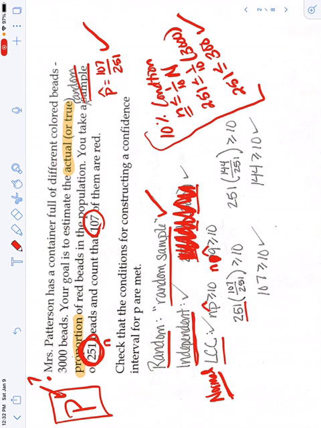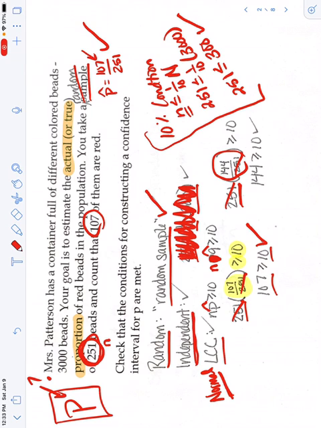So my n is 251. My p-hat is 107 over 251, and that has to be greater than or equal to 10. This is really easy because the 251s are going to cancel. The top number falls down, and that is bigger than 10, so it gets a nice big check mark. And then this is n, q-hat. If p-hat is 107 over 251, q-hat is just everything that's left over, which would be 144 over 251, and that has to be greater than or equal to 10.